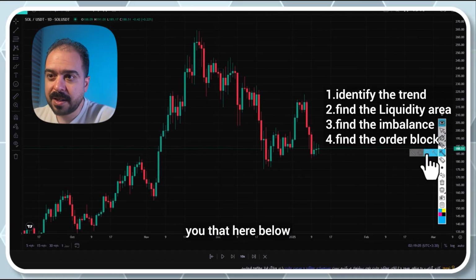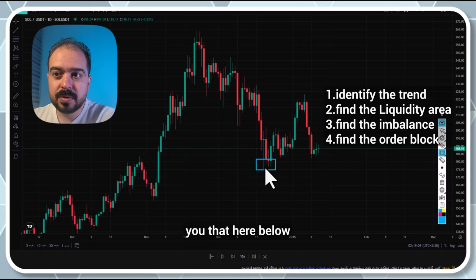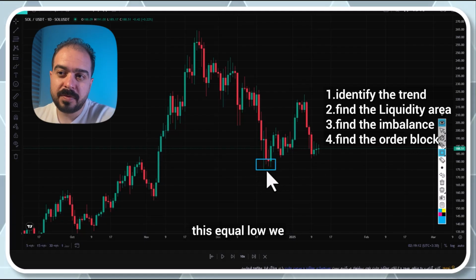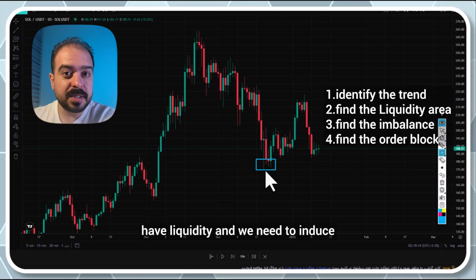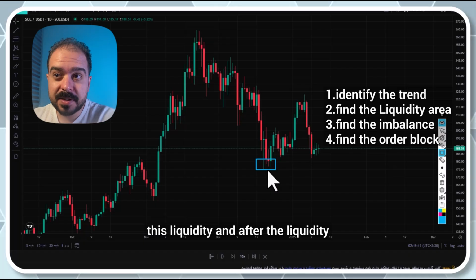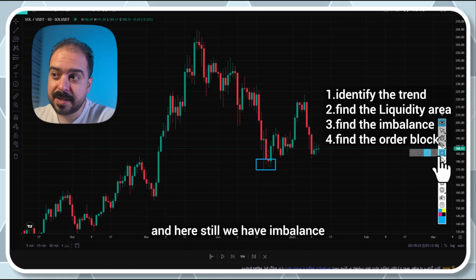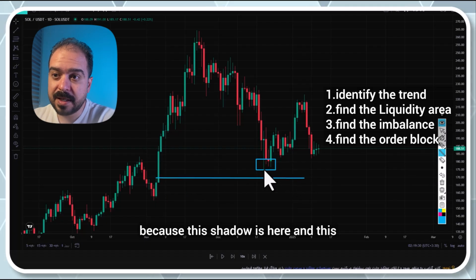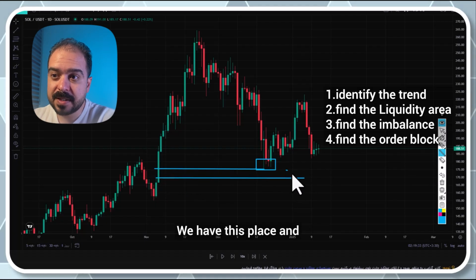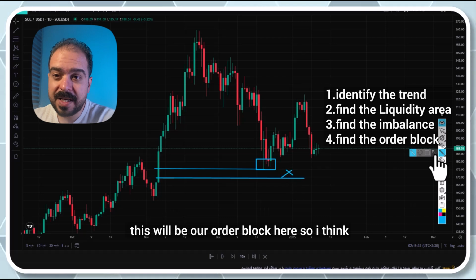Let me show you. I'm telling you that here below this equal low we have liquidity, and we need to induce this liquidity, and after the liquidity we need an order block and imbalance. Here we still have an imbalance because this shadow is here and this shadow is here, and we have this place.